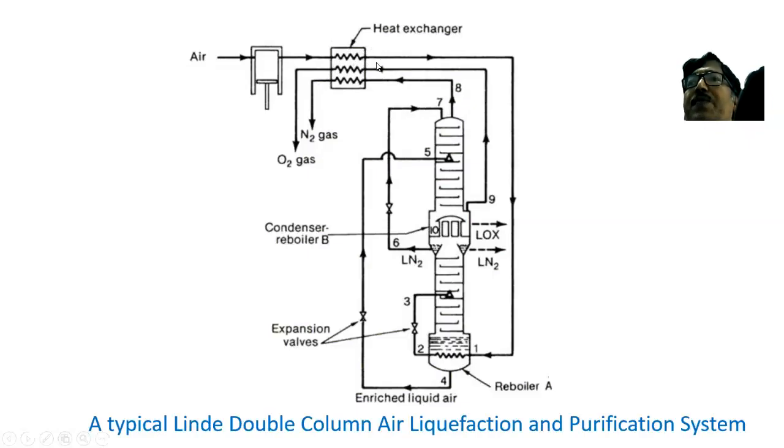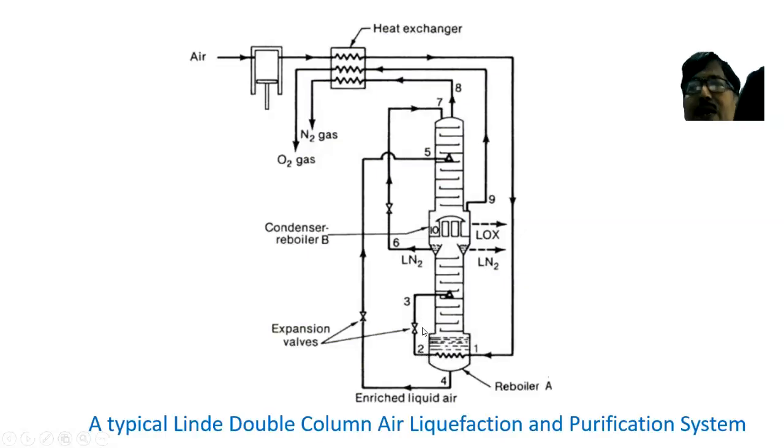The temperature of air will go down, then that high pressure, low temperature air will pass through this reboiler. The temperature of this liquid is low, so the temperature of this air will be lowered further, and that high pressure air will be expanded using this expansion valve.